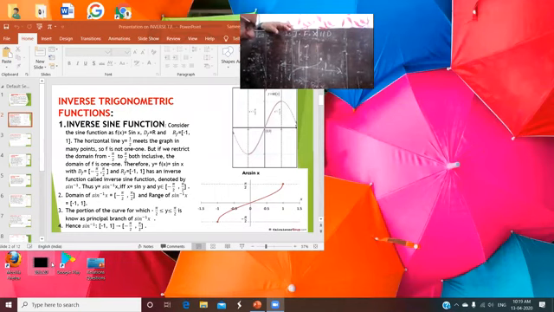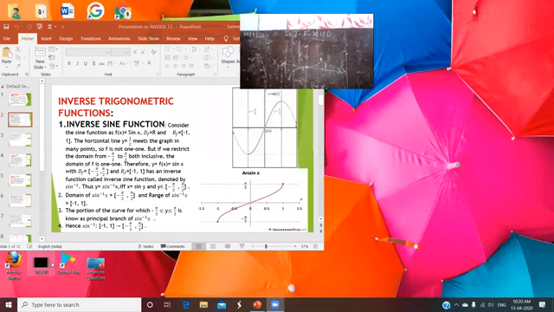All the points between minus pi by 2 and pi by 2 you plot along the y-axis, and the points taken along the x-axis in the graph of sine you take along the x-axis accordingly, and you simply get the graph of sine inverse x.